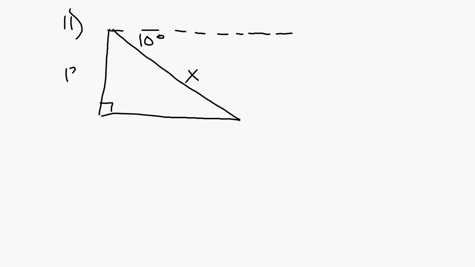To the nearest tenth of a mile, how many miles from the runway is the airplane? This is the plane up here. And this is where it's got to land. So if your angle of depression is 10, your angle of elevation is also 10. It's opposite over hypotenuse.